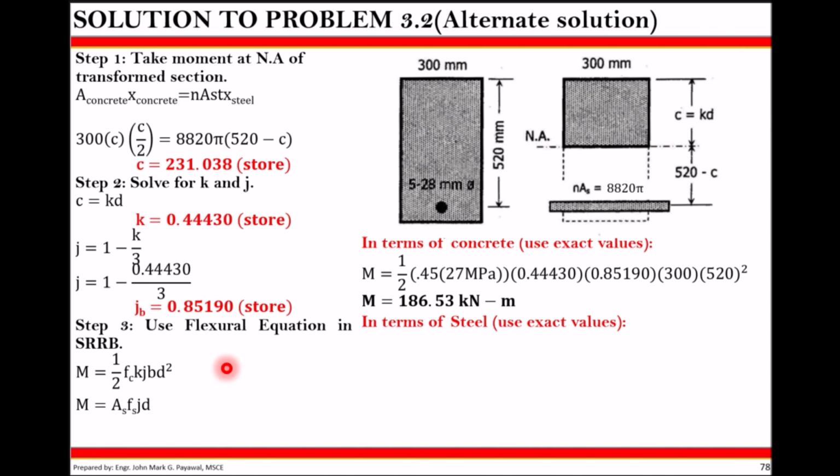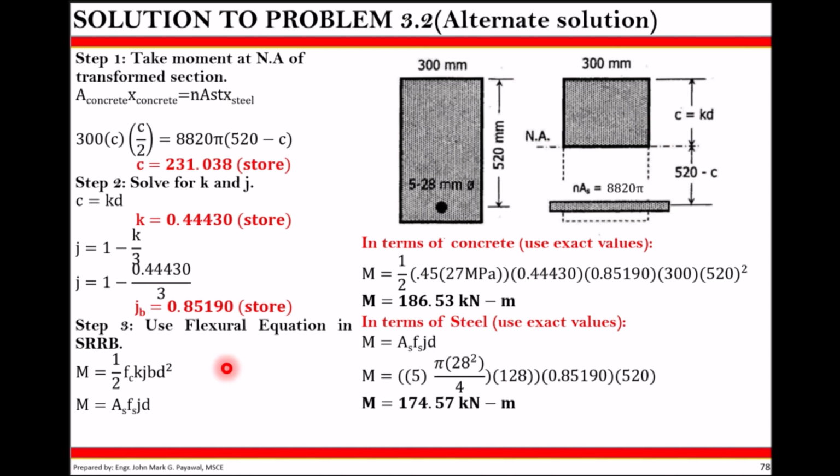This is very good because this applies concepts and understanding of the analysis of your cracked sections. So in terms of steel, it would still turn out to be 174.57.